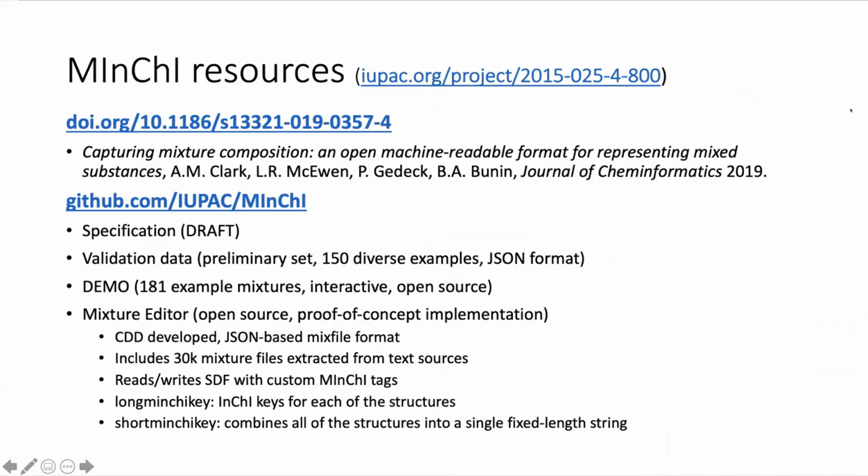Basically, just as our resources, we have published a paper in 2019 that describes the mix file JSON format that I mentioned, that CDD built. And it's just a nice working case of how you can generate MInChI from a data structure like that. So, especially if you're working with JSON files and are familiar with managing your data that way, that's a helpful paper to think about how MInChI can be applied.